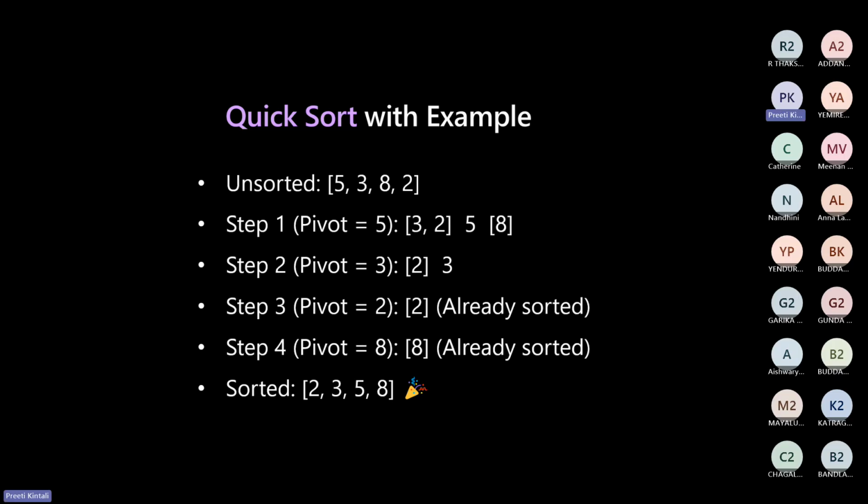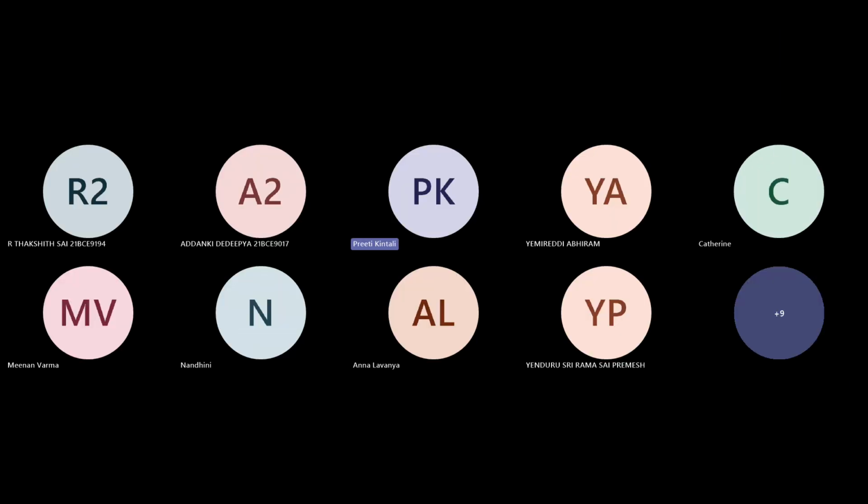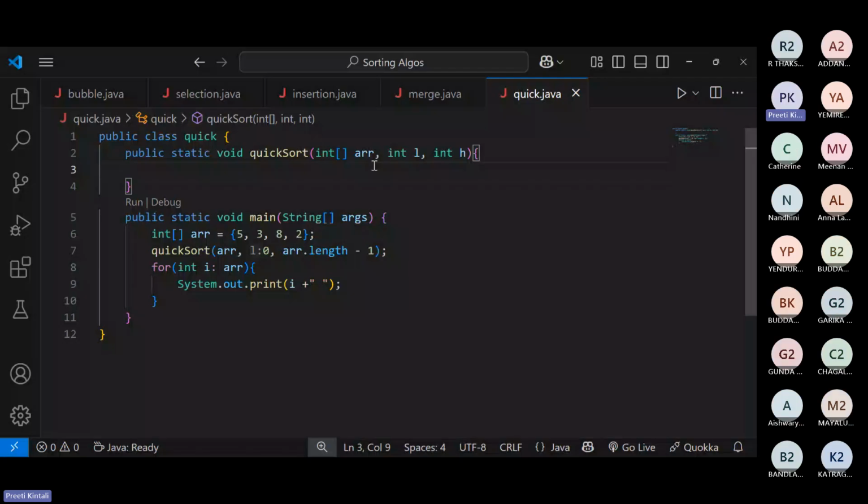Let me open VS Code now. So here again I have mentioned the same things. Now what I have to do firstly, I have a left element and a right element, or we can take them as low and high.